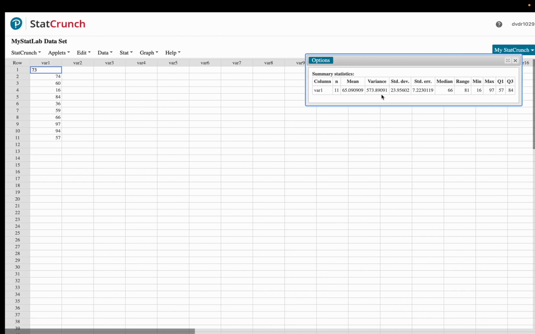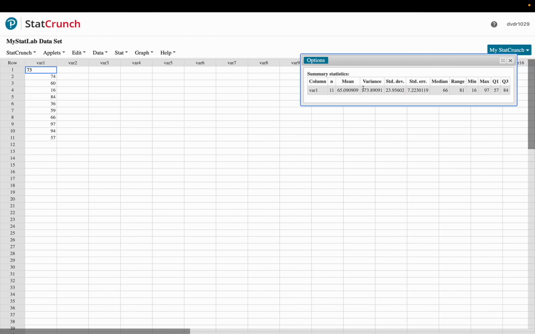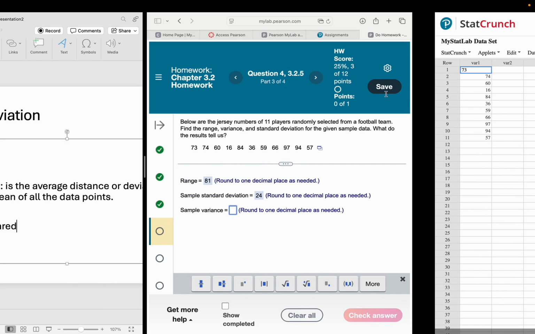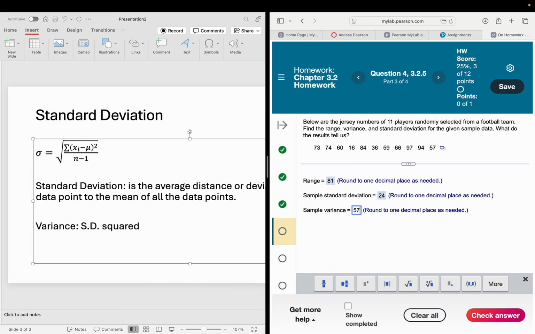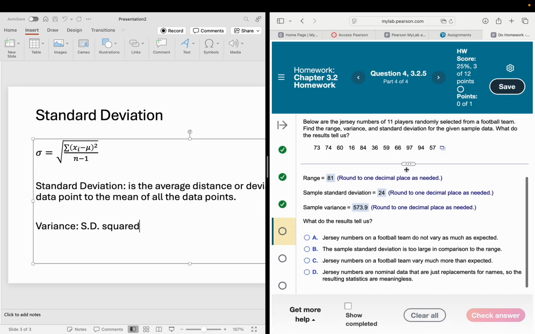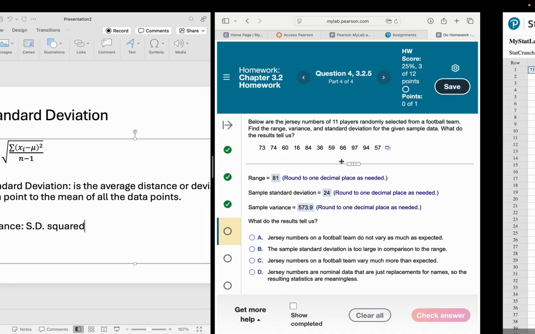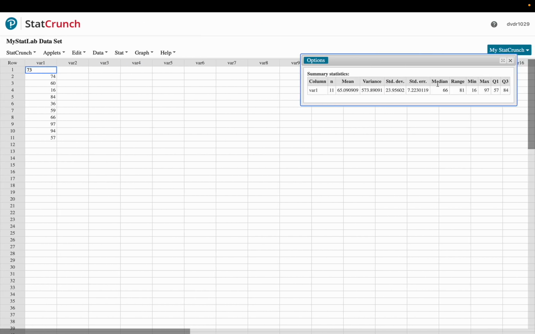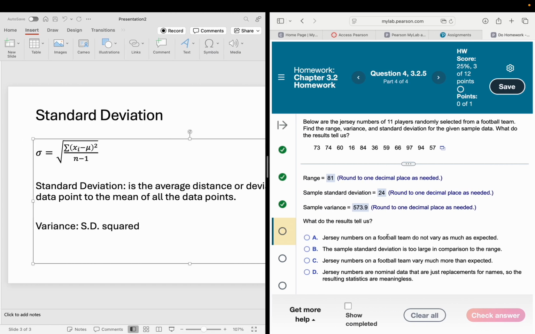Sample variance, well, it says variance right there, 573.89, which would round to 573.9. And there we go. So again, it's super nice that we have StatCrunch. It literally gives you all three, the variance, standard deviation, and the range, all in one without doing any work.